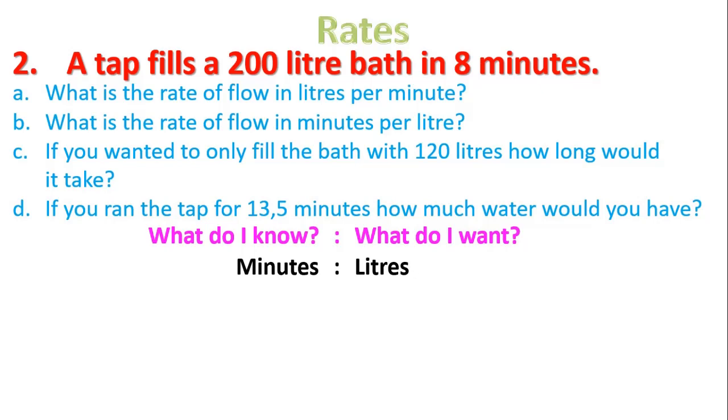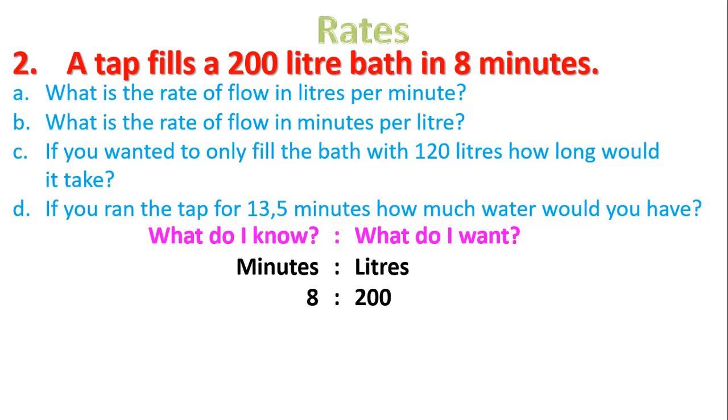Okay, now we look at our information. A tap fills a 200-liter bath in 8 minutes. So minutes is 8 of them. And how many liters does that give me? 200. Now I look back at my question and it says, what is the rate of flow in liters per minute?